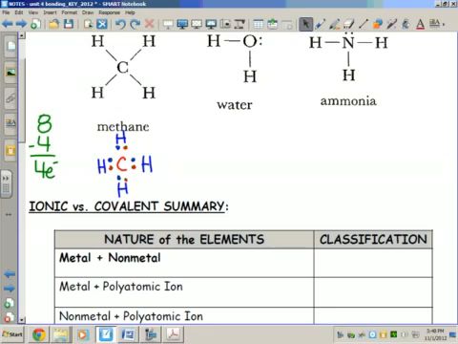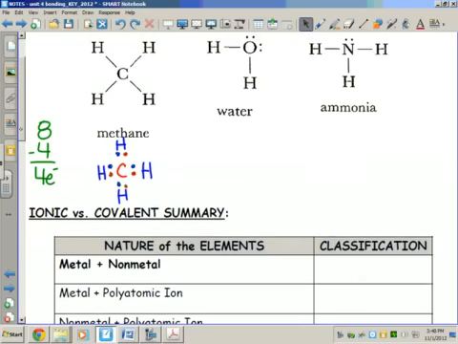And when we do the same thing for water, we start with the central atom, which is oxygen. It has 1, 2, 3, 4, 5, and 6 valence electrons, surrounded by 1, 2 hydrogens, each with 1 valence electron.